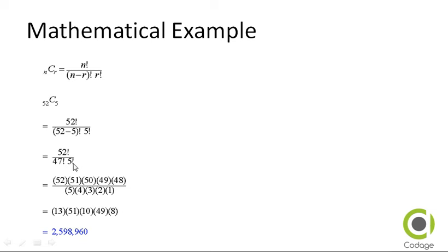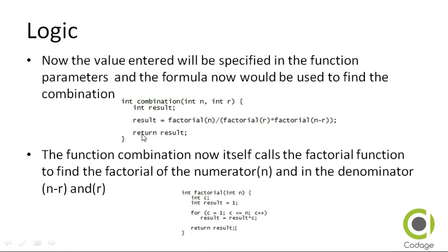Now dividing, 47 factorial will get cancelled from the numerator, and we will be left with 52 into 51 into 50 into 49 into 48 in the numerator, and 5 factorial in the denominator, solving which we will be left with 2,598,960 as the result.